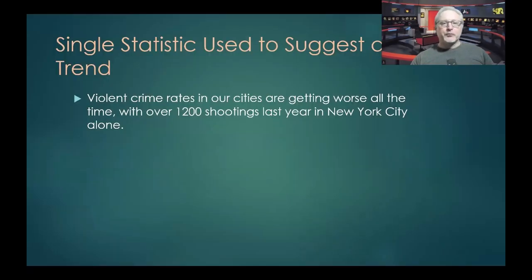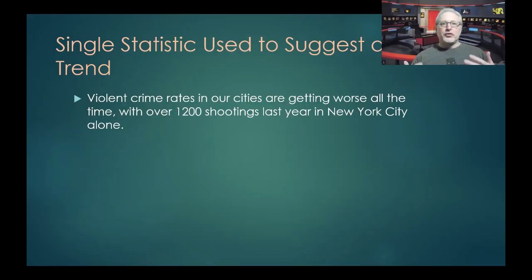Here's an example of the misleading use of statistics. A single statistic used to suggest a trend. Violent crime rates in our cities are getting worse all the time, with over 1,200 shootings last year in New York City alone. So here, the claim that's being made is violent crime rates are getting worse, but the evidence in support of it is just the number of shootings in New York City just last year.